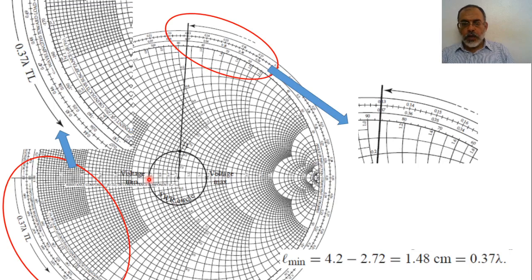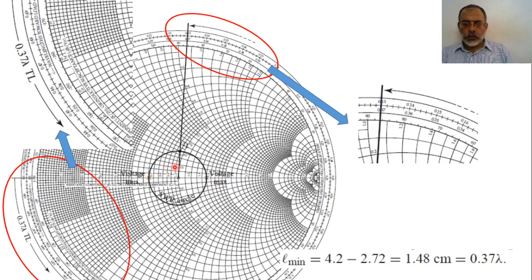Okay? So instead of moving from the load, which is unknown, we are going to move from the first minimum a distance towards the load.